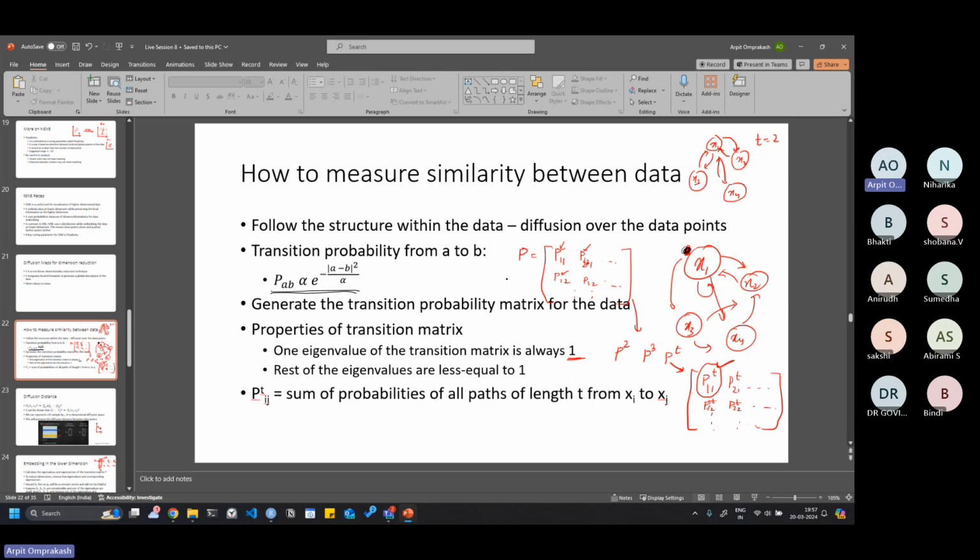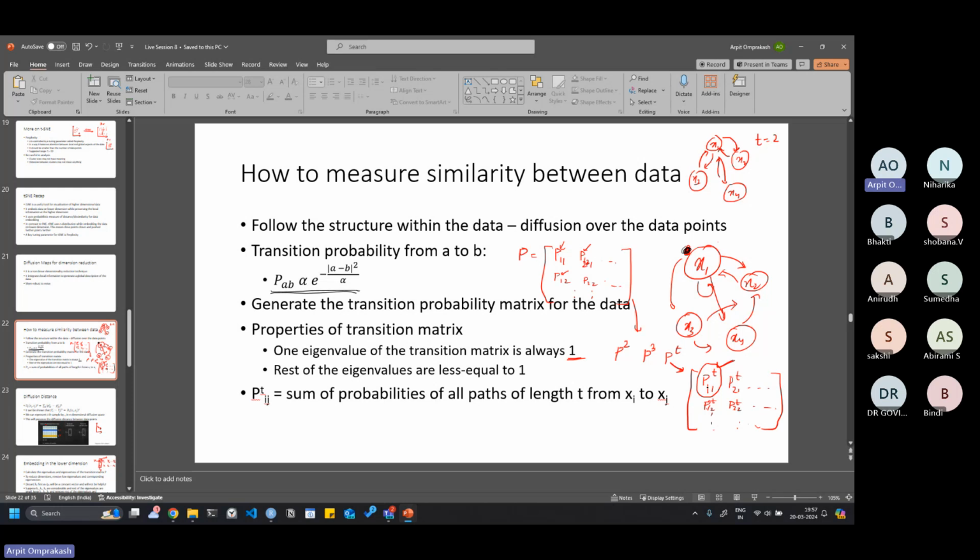Now, the interesting properties of this transition matrix. One is that one eigenvalue of this transition matrix is always 1, and the rest of the eigenvalues are less than or equal to 1. Another interesting thing is that if you multiply this matrix by itself, so if you take powers of the matrix, you basically get the sum of probabilities of all paths of length t from data point xi to xj.